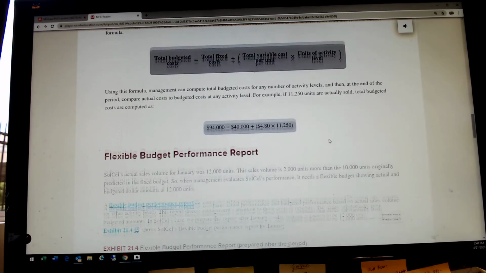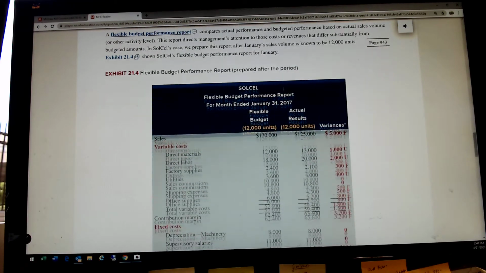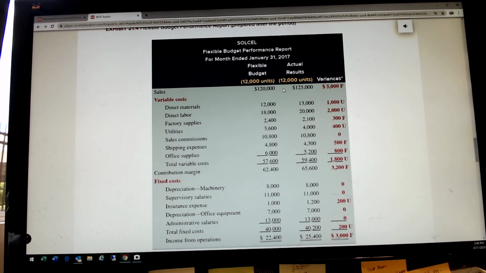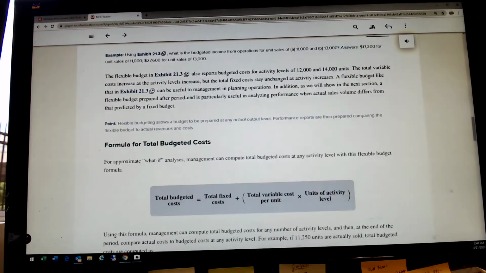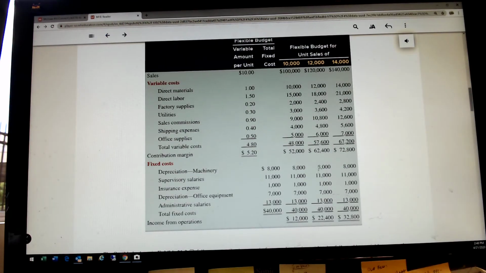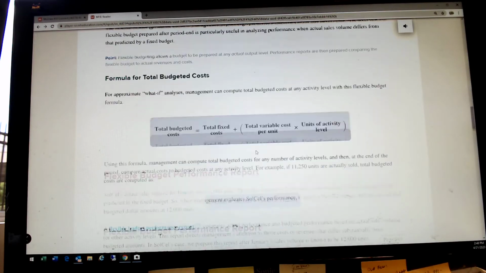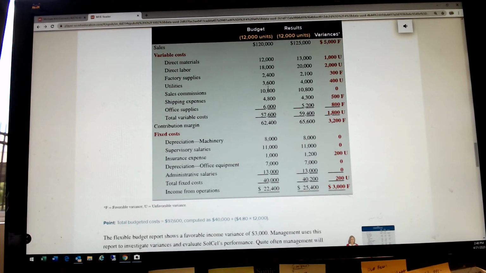Let's redo that performance report. And the performance report is just comparing actual results to budgeted. So here's the flexible budget. They've just reiterated this column. They've just copied this $12,000 column right here. This is the budgeted amounts for revenues and costs at 12,000 units.